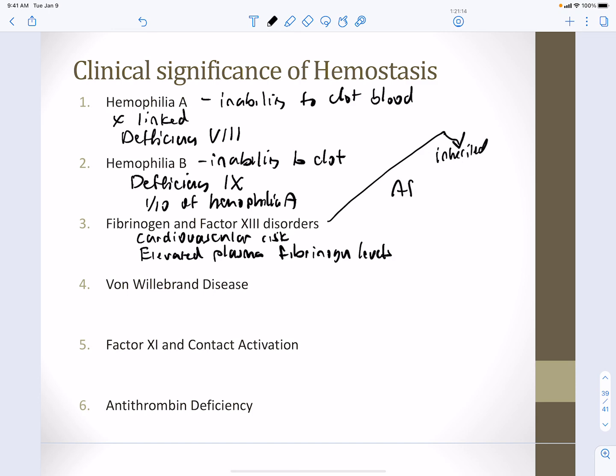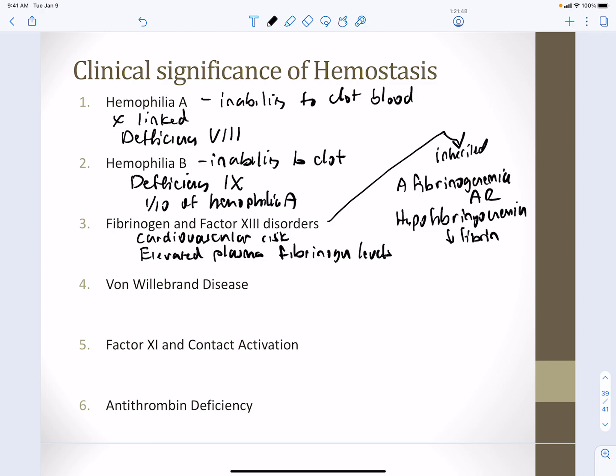So this is afibrinogenemia, which is autosomal recessive. You also have hypofibrinogenemia, where you have reduced levels of fibrinogen.